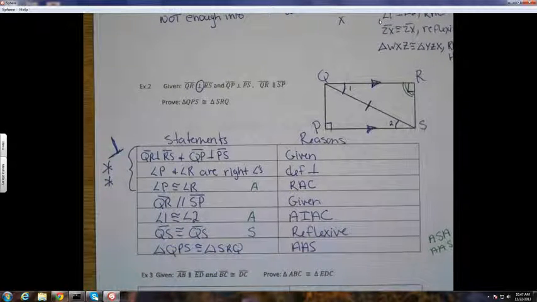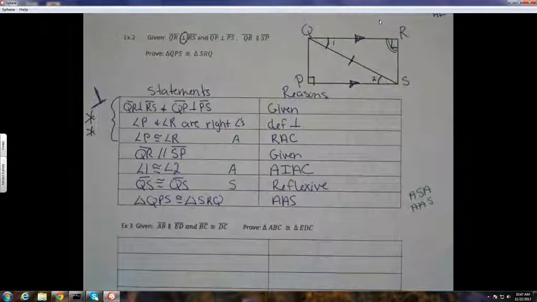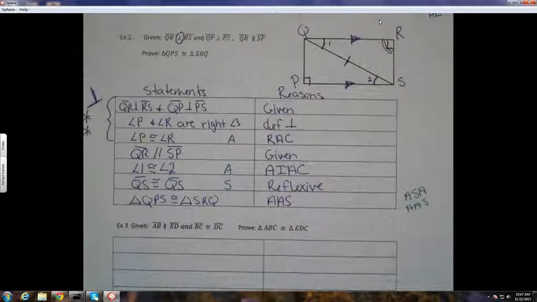Okay, nice. Okay, this last one, I'm going to squeeze a picture in here.